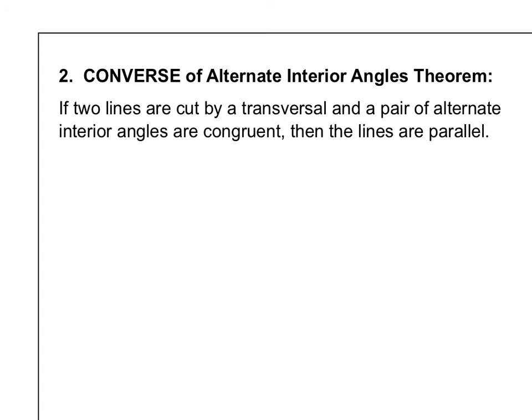Number 2, the converse of the alternate interior angles theorem. Again, draw your two lines and draw a transversal cutting through. Call the first two lines A and B. And this time we're going to mark these two angles, 1 and 2, because we're going to work with alternate interior angles.